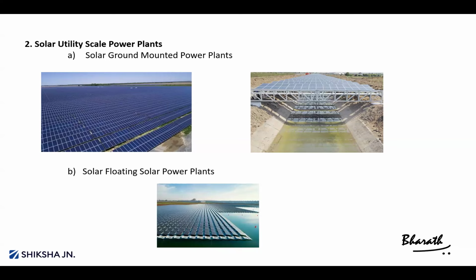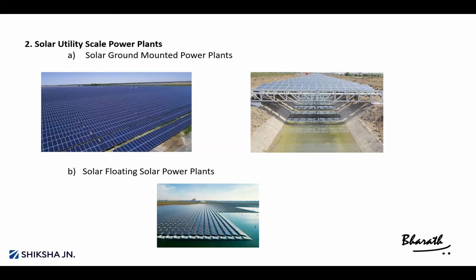in 2010, the solar energy cost was 16 rupees per unit. At that time, the government purchased at 16 rupees per unit. Now, last year, I think in Madhya Pradesh, the lowest cost was around 2 rupees 38 paisa per unit. You can see now solar energy is cheaper than thermal energy, like coal-based power plants.